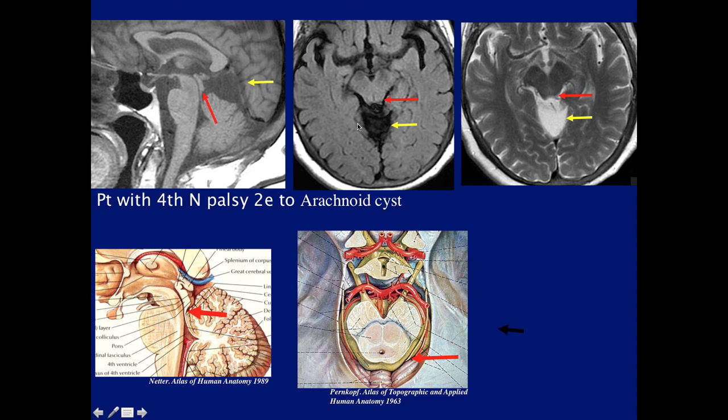Here's a large cyst, and we can see that the cyst butts on the collicular region here, and you can see why the fourth nerve may be compressed by this arachnoid cyst. Here's the cyst, and here's the inferior colliculus, and remember the nerve comes out right over here. So that explains why the patient has the palsy.